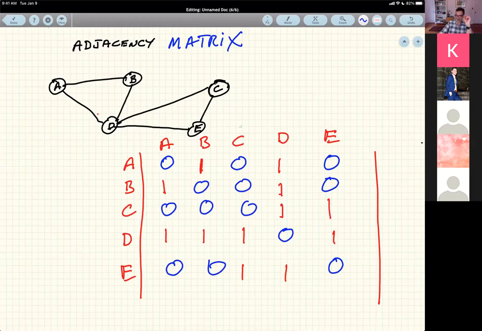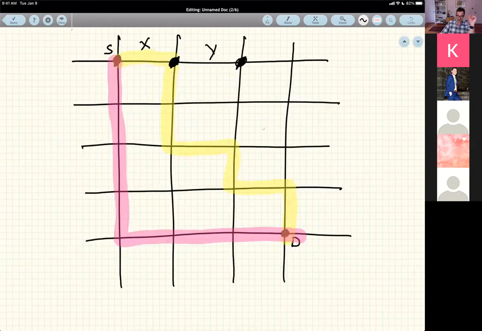When you look at the grid that we just drew, how many vertices do I have? I have 4 per line, and I have 5 lines. So I have 20 vertices, right?